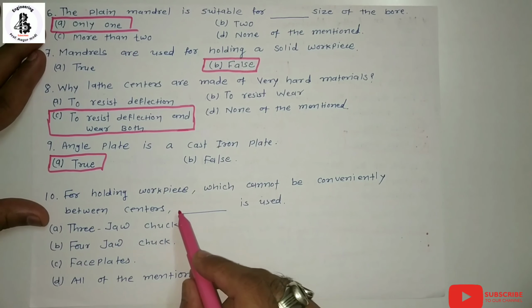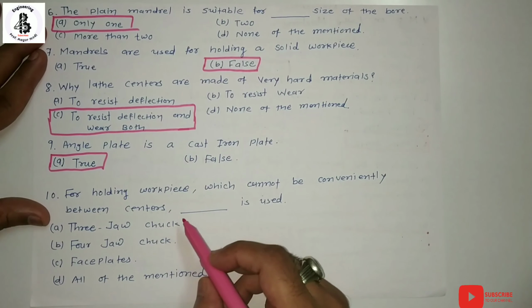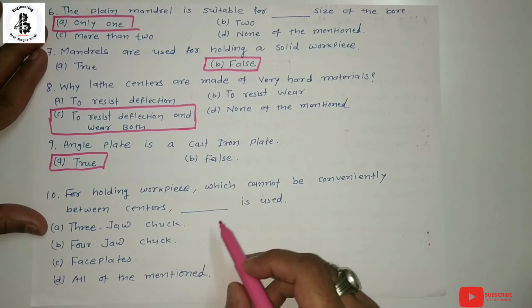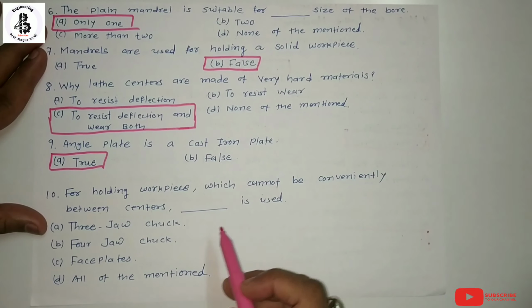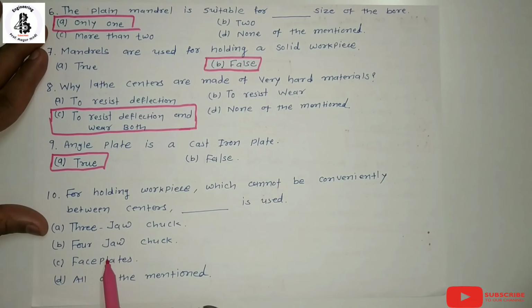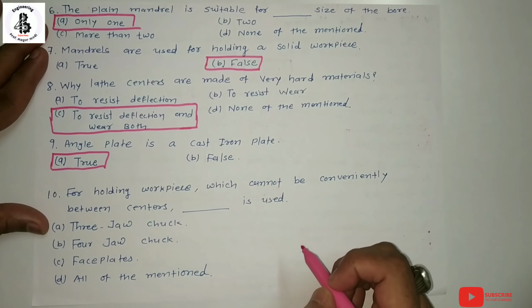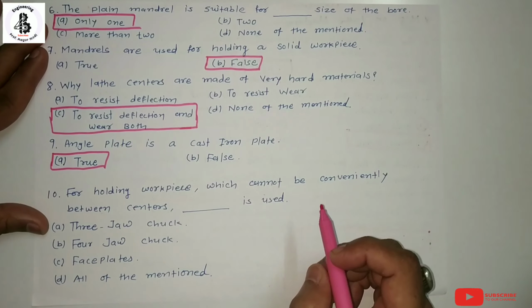For holding a workpiece which cannot be conveniently held between centers, which is used? Option A, 3-jaw chuck; option B, 4-jaw chuck; option C, face plate; and option D, all of the mentioned. This question is related to work holding devices on lathe machines.